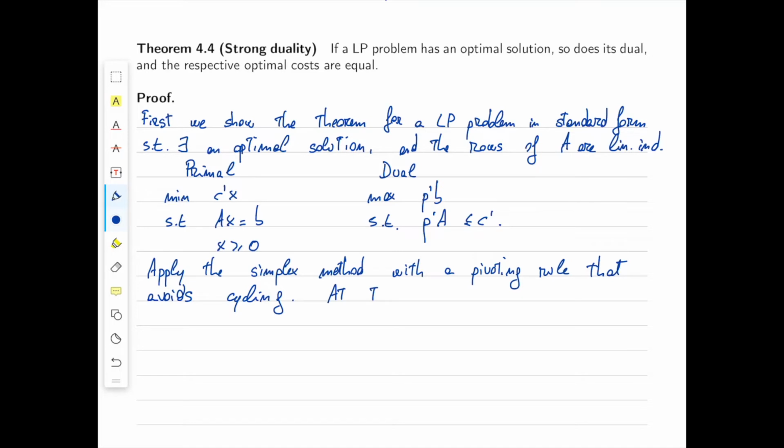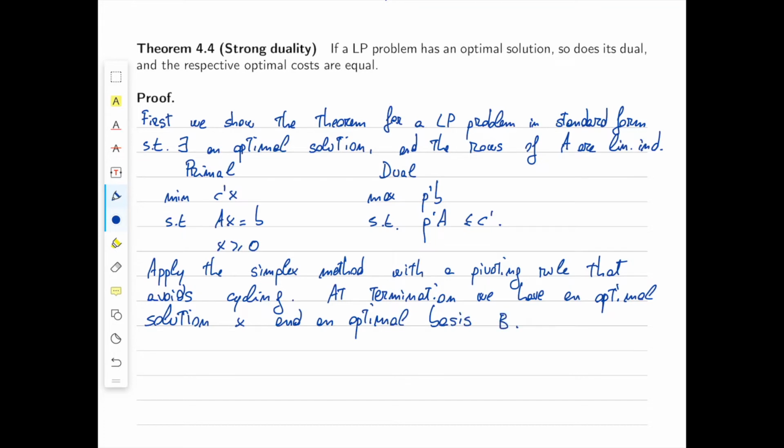At termination, we have an optimal solution, let's call it X, and an optimal basis B. So at termination, all the reduced costs must be non-negative.